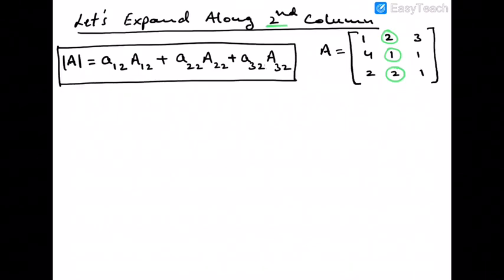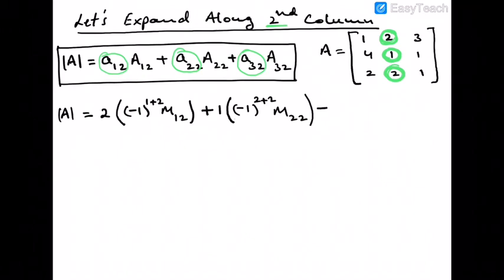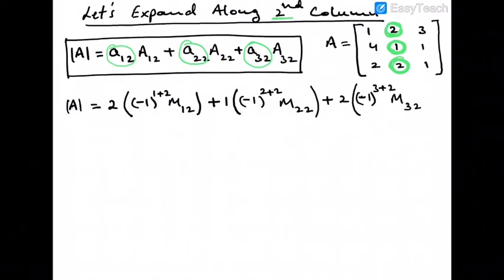Now, the values for A12, A22 and A32 are 2, 1, 2 respectively. Therefore, the determinant of A is 2 times minus 1 to the power 1 plus 2 times M12, plus 1 times minus 1 to the power 2 plus 2 times M22, the minor of second row and second column, plus 2 times minus 1 to the power 3 plus 2 times M32.